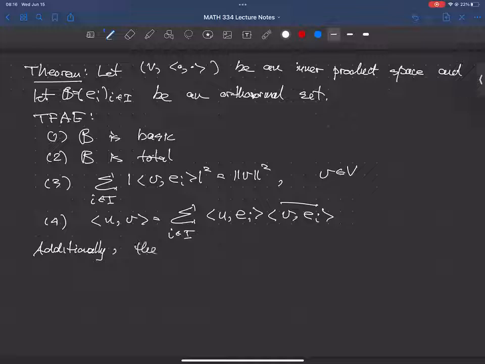All right, so additionally, the following. Okay, so I have two groups of equivalent statements, one group of 4 and then another group of 2.